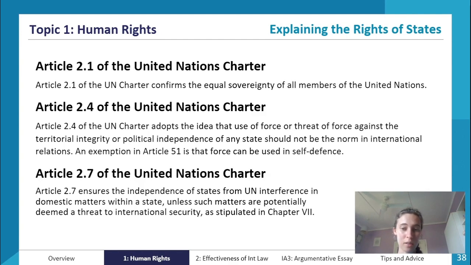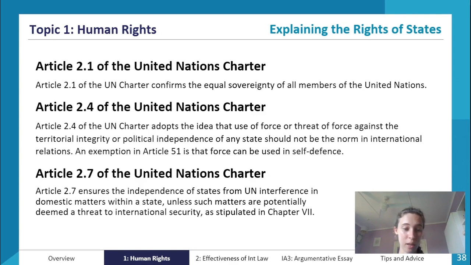2.4 is use of force or threat of force against the territorial integrity or political independence of any state should not occur, basically. And the only exemption to that is Article 51, where we can use force if it's self-defense. So those ideas of territorial integrity and political independence are in that 2.4 article.